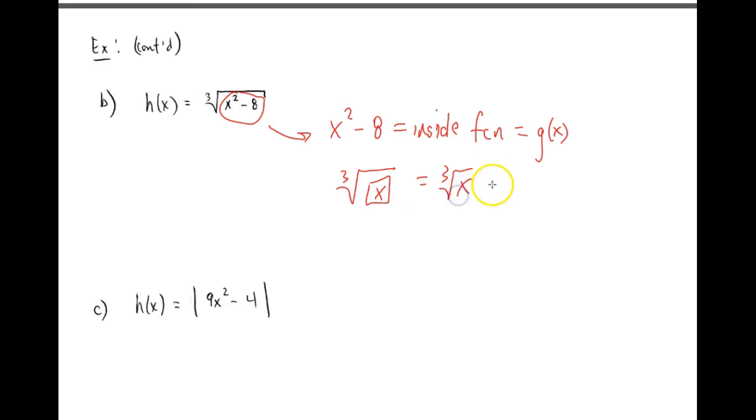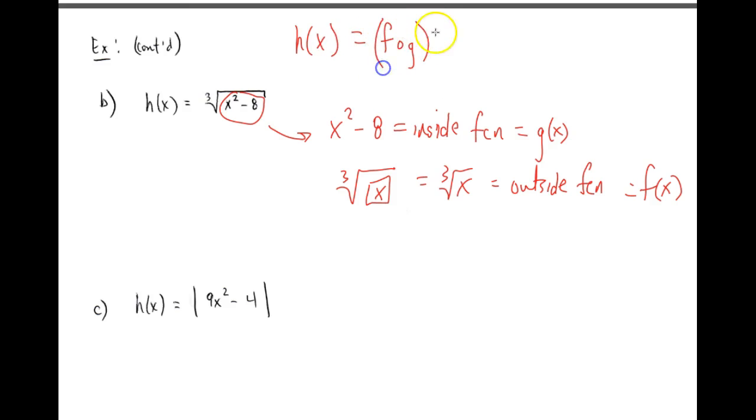This would be the outside function, and that would be our f of x. And we're saying all that as if h of x is a composition of f and g, where g of x is the inside function and f of x is the outside function.